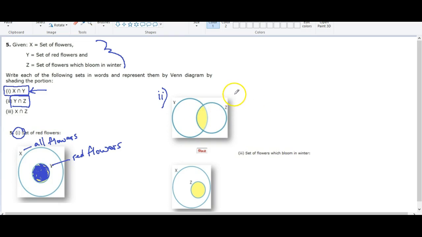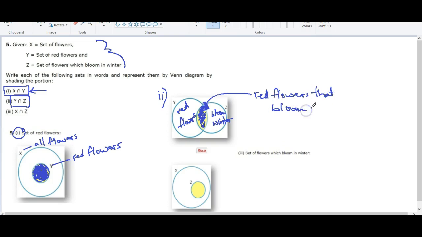And as we're looking at the intersection, if we are going to describe what the intersection is, it's Y, which is all red flowers, and Z is the flowers that bloom in winter. So if we were going to describe the intersection, which is where the two overlap, this would be red flowers that bloom in winter. That's the words which represent that intersection.